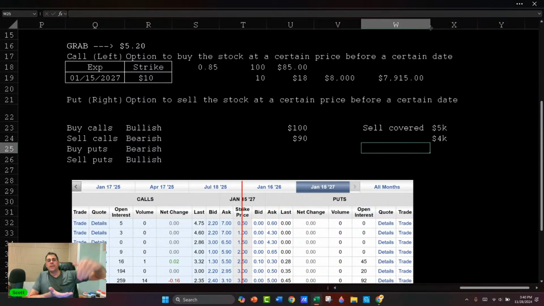But it caps your upside, because what if you have Nvidia or a stock that goes up so much and then it gets called away? I mean, you have to build that into your analysis, because if you just look at how much you get in premiums, but how much did you lose?